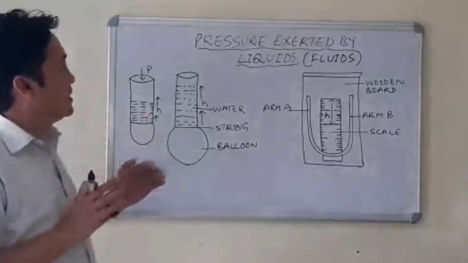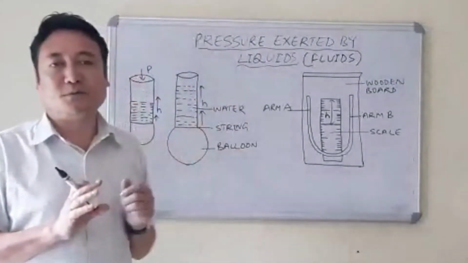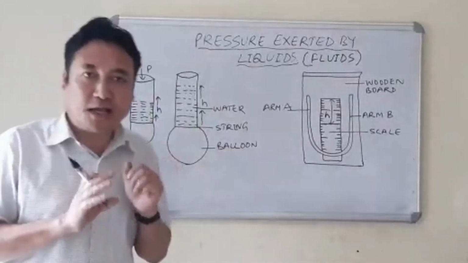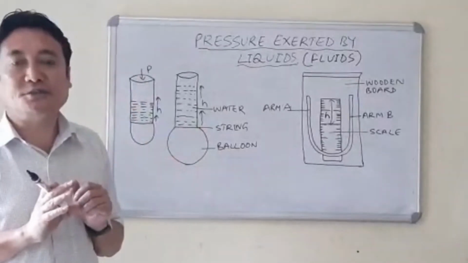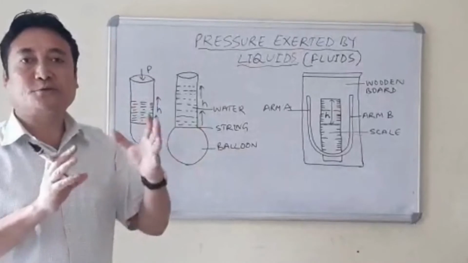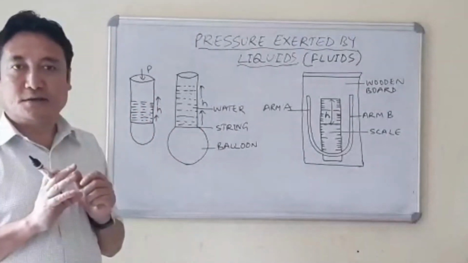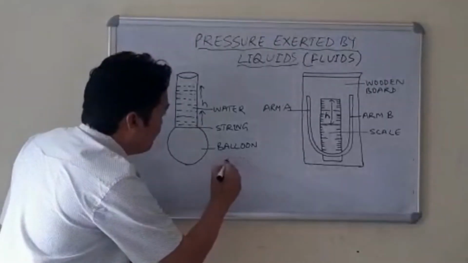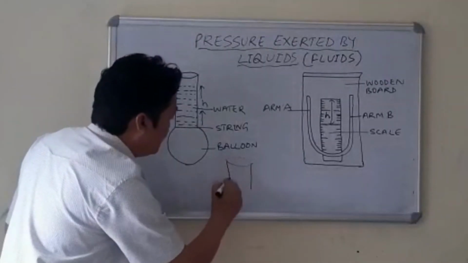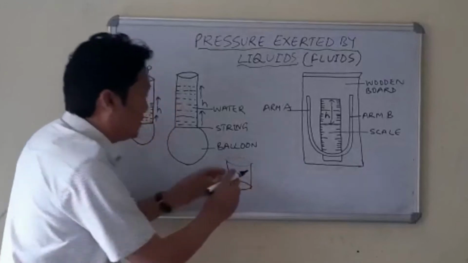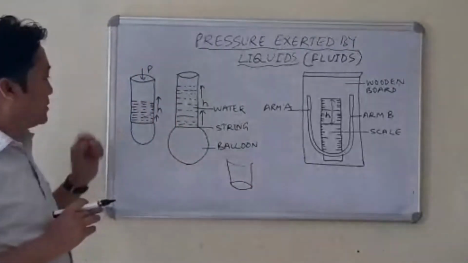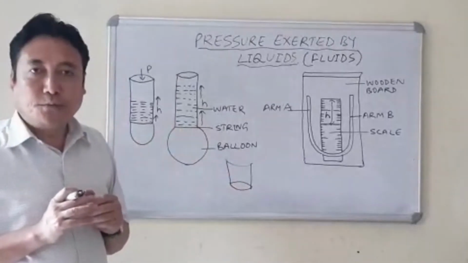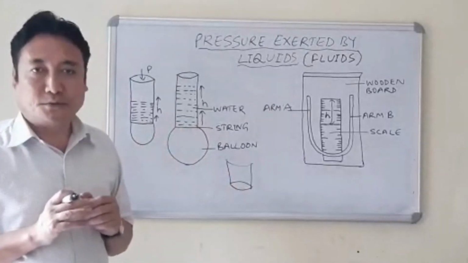For that, we will come to one demonstration, one experiment based on it. You take a cylindrical glass tube which is open on both ends. On one open end, you fix a balloon.